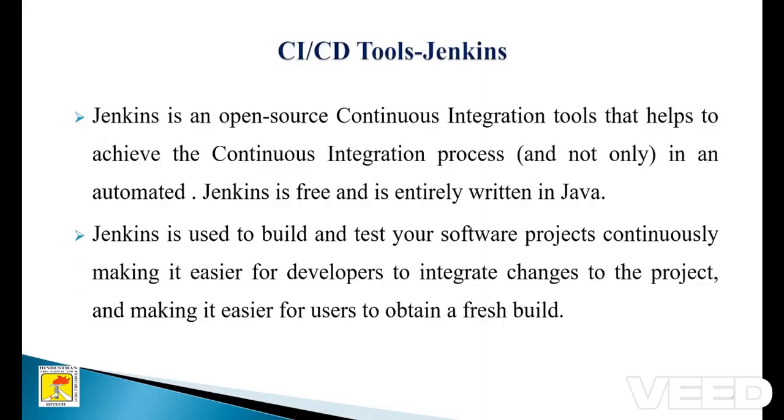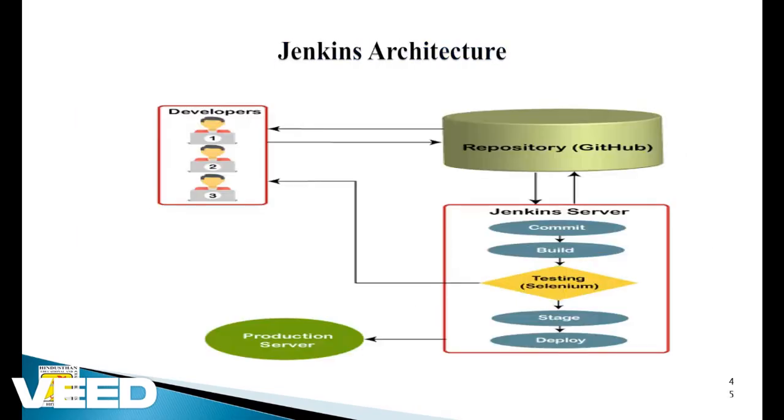Next is Jenkins. Jenkins is an open source continuous integration tool that helps to achieve the continuous integration process in an automated stage. Jenkins is free and it is entirely written in Java. It is used to build and test software projects continuously, making it easier for the developers to integrate the changes to the project and making it easier for the users to obtain a fresh build.